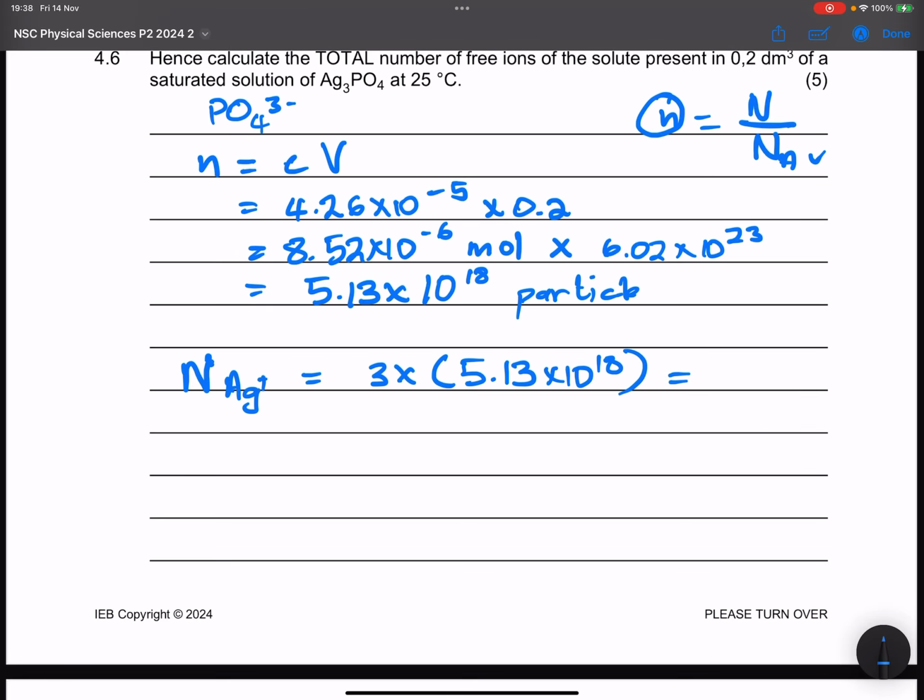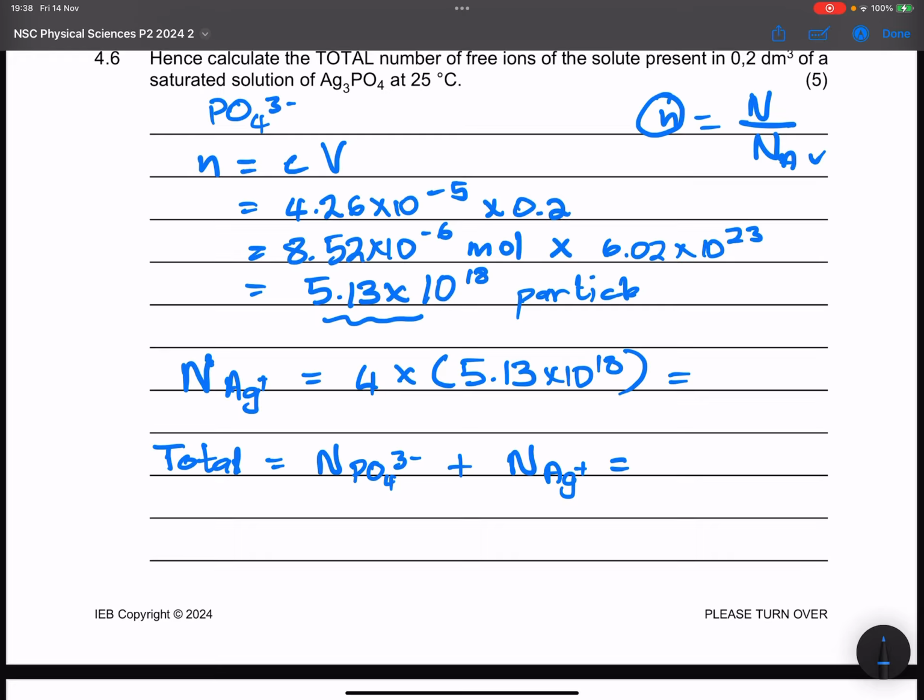Okay, but remember in total, so the total number, it would be the number of particles for phosphate plus the number of particles for silver. So we might as well have just multiplied this by 4 because it's 3 plus the other one.